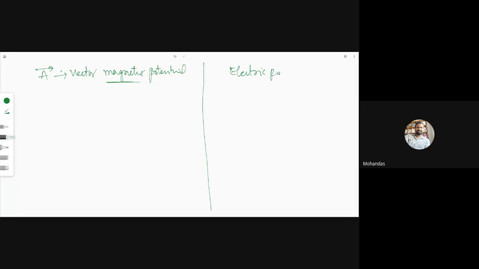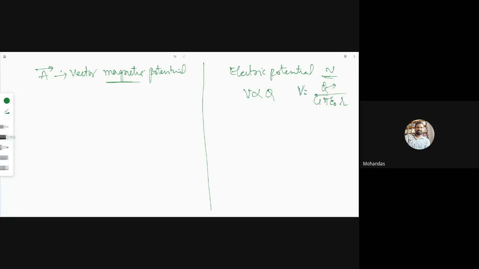Electric potential V. What is the electric potential V? V is proportional to Q, because what is the formula for V? V equals Q by 4 pi epsilon naught R. We have already derived the potential formula.